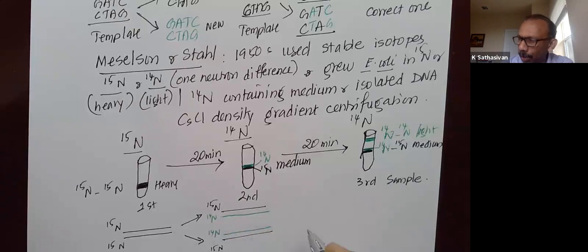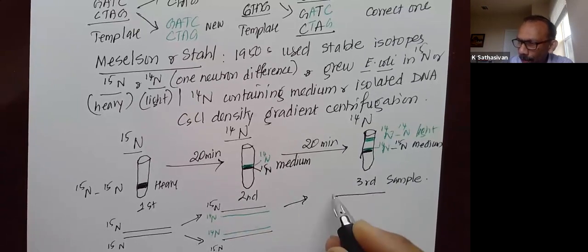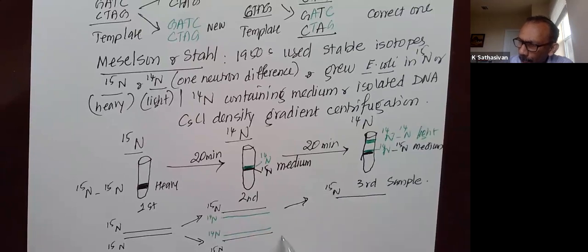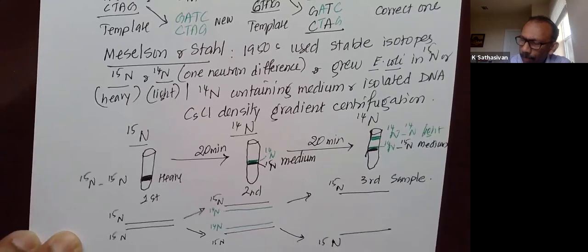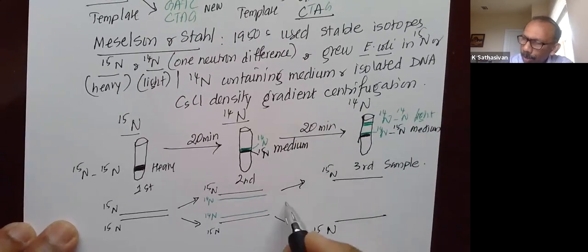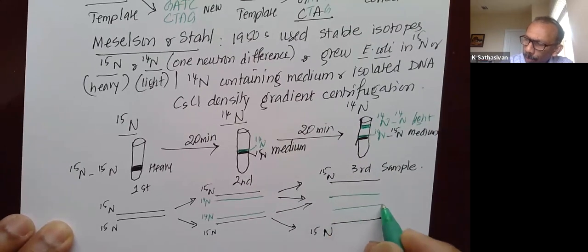Okay, let's continue the same logic. So in the third replication, you have an N15 and N15, and only two strands of N15, and the rest is all going to be N14 and N14, N14, N14.